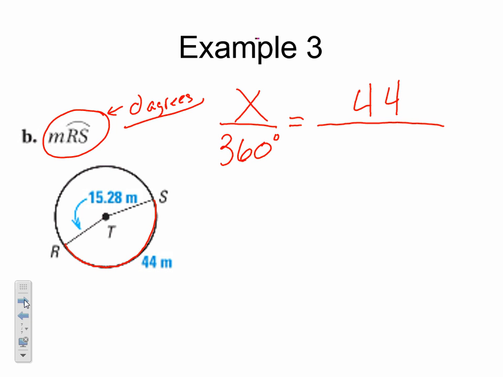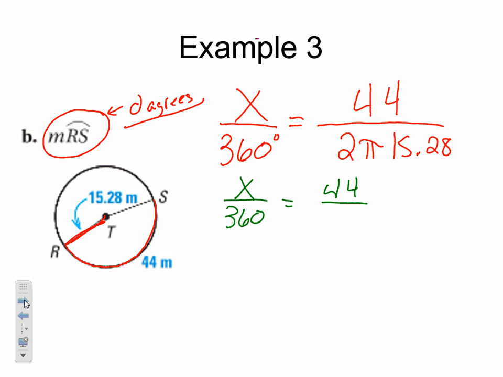And then our radius is 15.28, so I'll have 2 pi times 15.28. I'm going to simplify, combine things, so I get x over 360 equals 44 all over 30.56 pi.